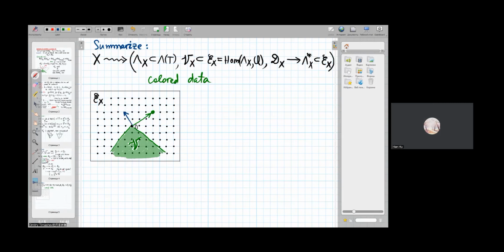Let this be a color. And also, some of the colors may get into the valuation cone. It is also possible. It may happen like this. And some of the colors can map to one and the same point in the dual lattice. So this point corresponds to two colors. One of them is green and the other one is yellow.